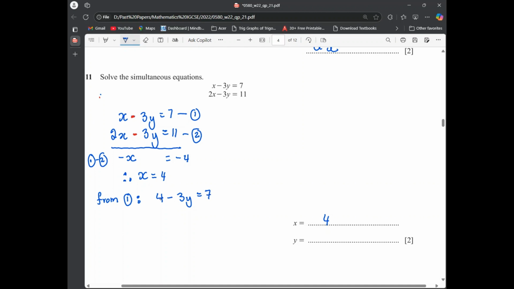Take the 4 over to the other side, I get minus 3y equals 7 minus 4, which is 3. Dividing both sides by negative 3, I get y equals negative 1.